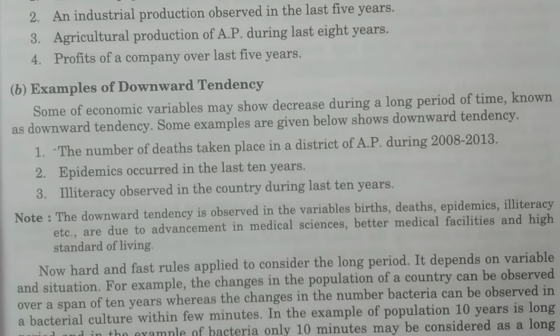Changes can only be recognized over a long period of time, for example, 2 years or 3 years or 4 years. We can compare yearly the crop obtained in a particular season. So changes can be observed over a long period, or if you observe the data of 5 years, we can observe the change.